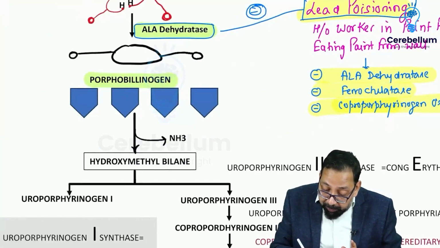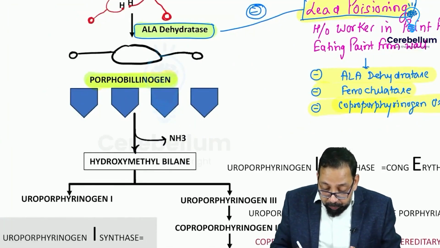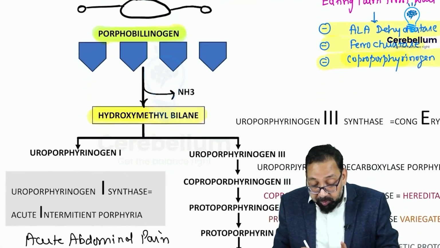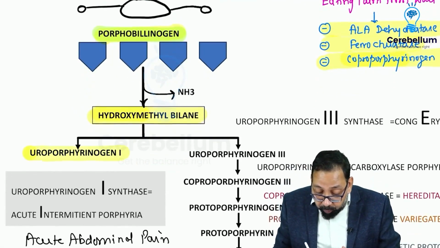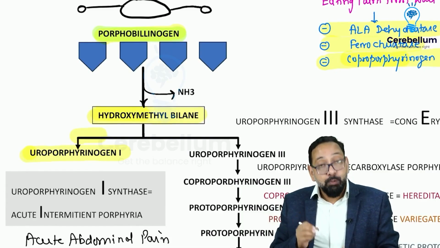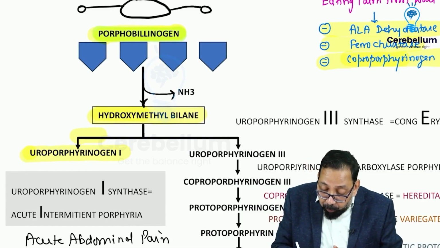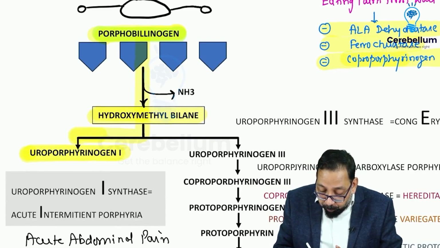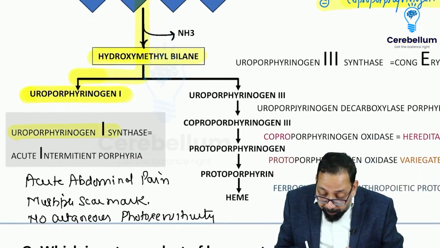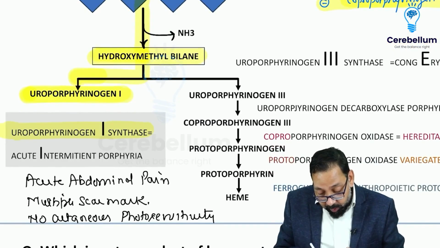Four molecules of porphobilinogen join to form hydroxymethylbilane. This hydroxymethylbilane is converted to uroporphyrinogen 1 spontaneously. So we can say porphobilinogen is ultimately converted to uroporphyrinogen 1 by the enzyme uroporphyrinogen 1 synthase.